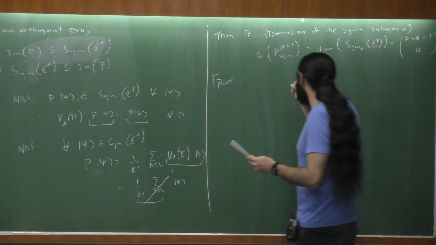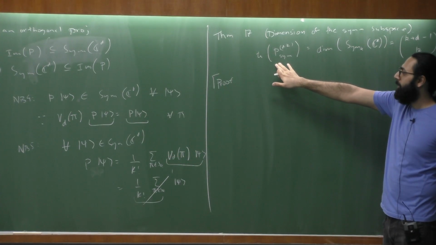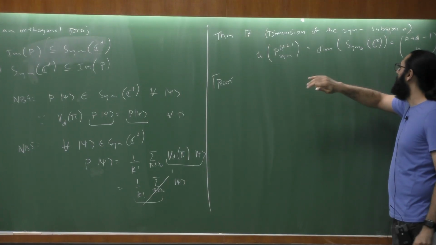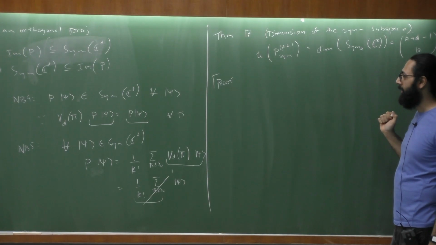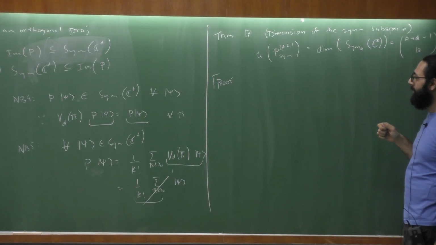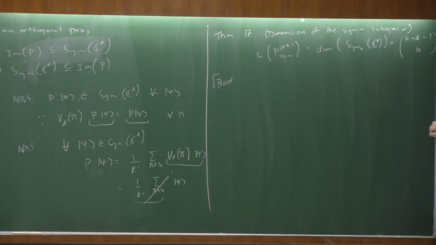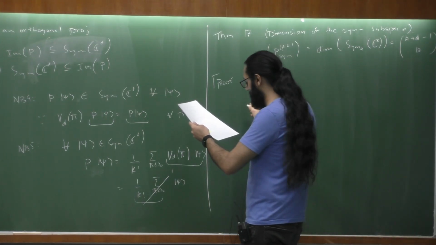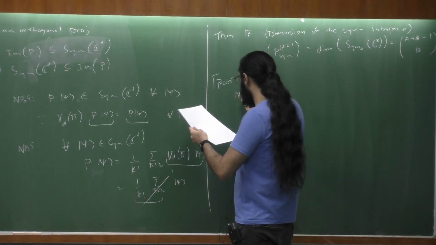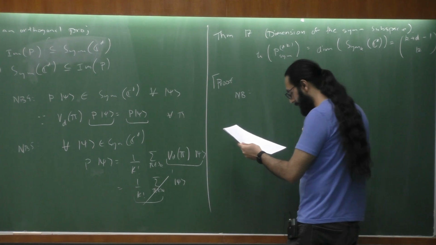So what is this saying? It is saying that you take the projector for the symmetric subspace, take the trace, and the number you get is going to be the same as the dimension of the symmetric subspace. So we can do the calculation. I don't see intuitively why this is the case, but here's the formal proof.